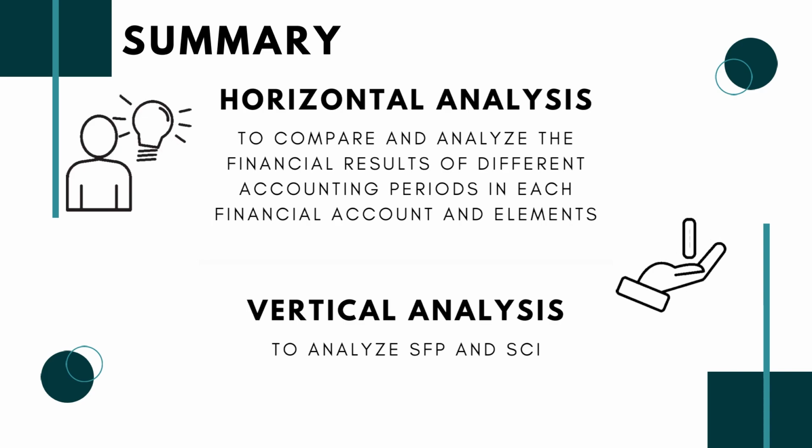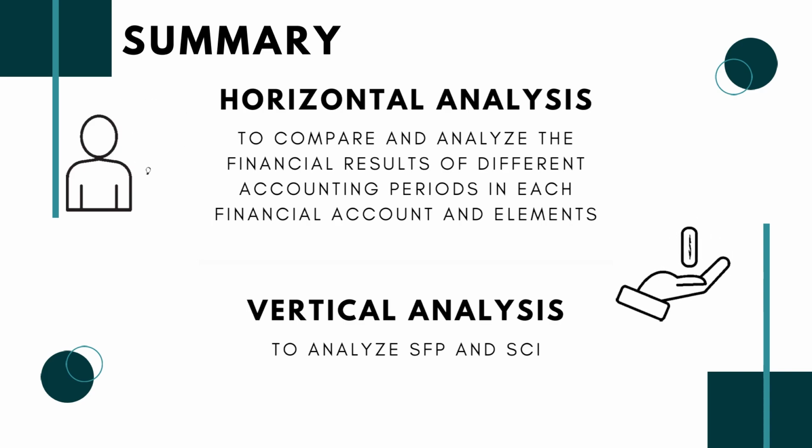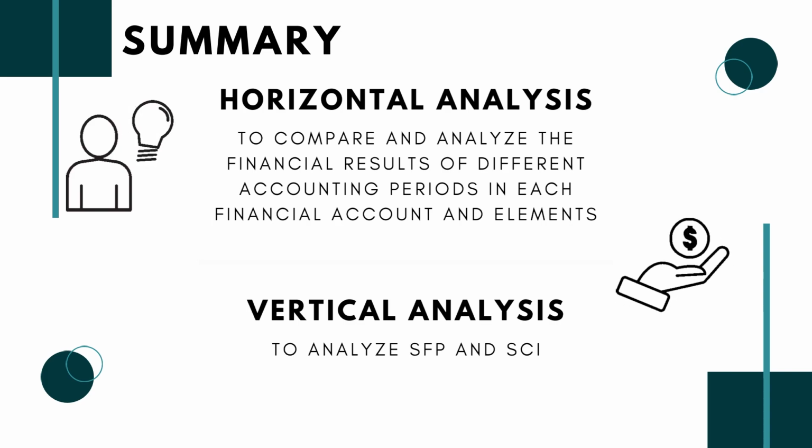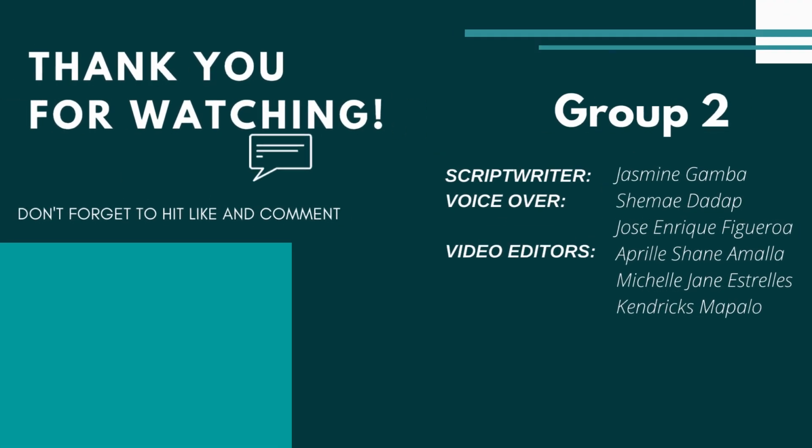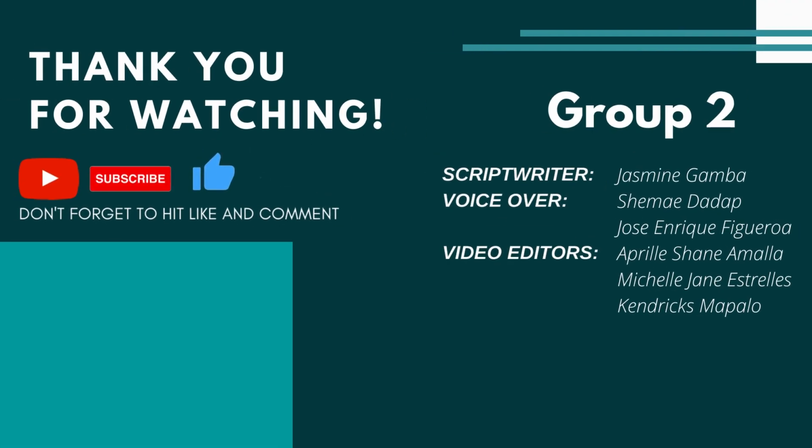Huwag niyong kakalimutan na ang dalawang ito ay may mahalagang gampanin sa isang business. This is the end of the lesson. Thank you for watching. We hope that you understand the lesson on how to perform vertical and horizontal analysis of financial statements of a single proprietorship.